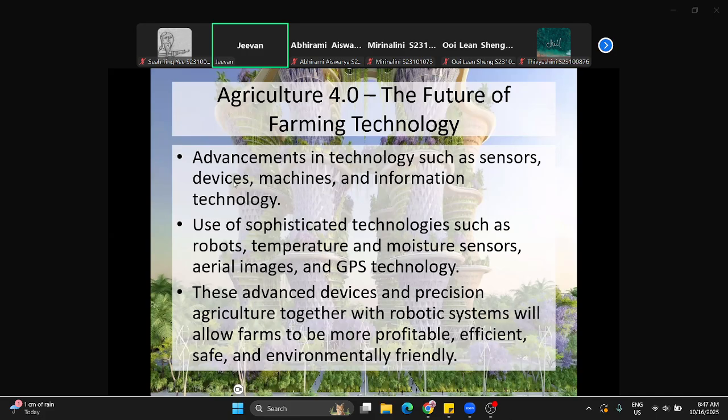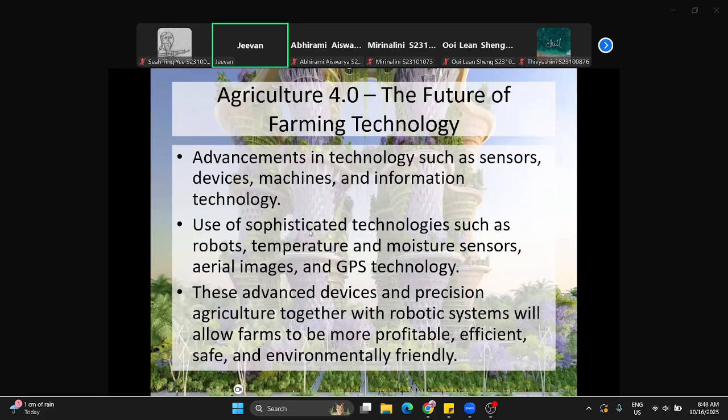And lastly, bringing you to the future. How do we think technology is going to change the implementation of agriculture in the future? Today our sensor technology keeps on improving. The sensors are becoming better. We are finding devices, machines, and information technology that can be incorporated in the agricultural industry.